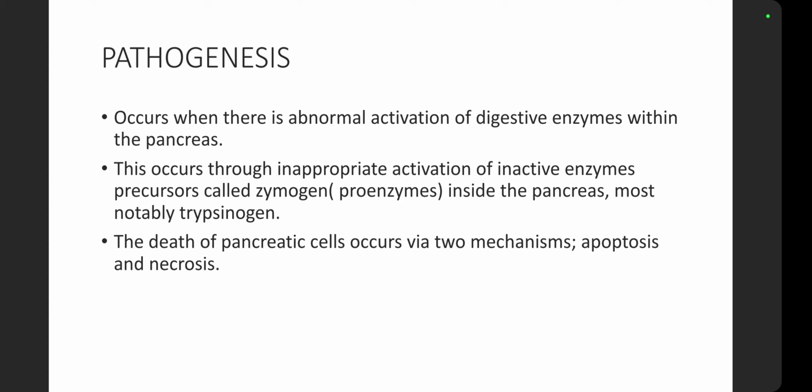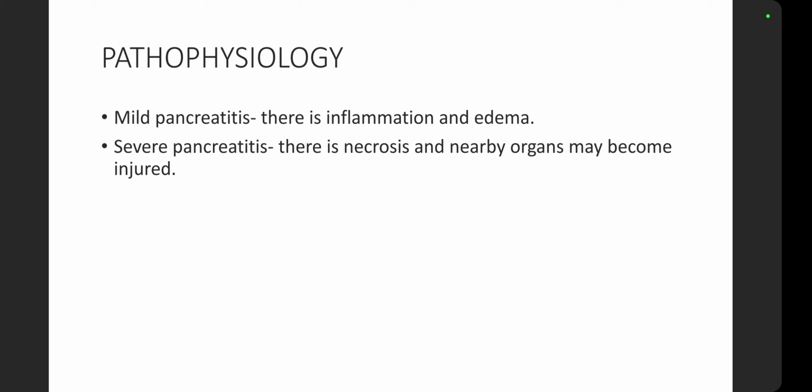This will cause the death of the pancreatic cells. When these proenzymes are digesting the pancreas, they cause the death of the cells via two mechanisms: one, apoptosis; two, necrosis.